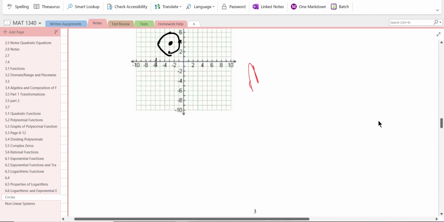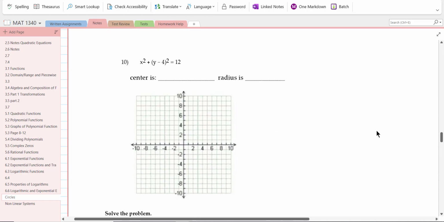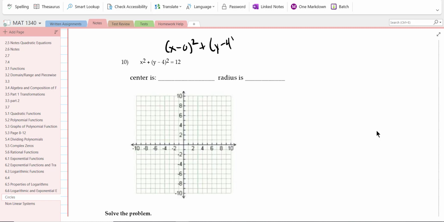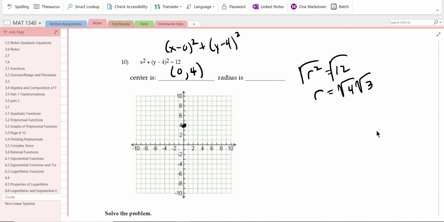All right. Okay, number 10, what was your center? This is really x minus 0 squared plus y minus 4 squared. So your center is 0, -4, or 0, I'm sorry, 0, 4. So that would be a y-intercept like that. R squared is equal to 12. You do the square root of both sides, you get r equals, and you can break that up into 4 times 3.